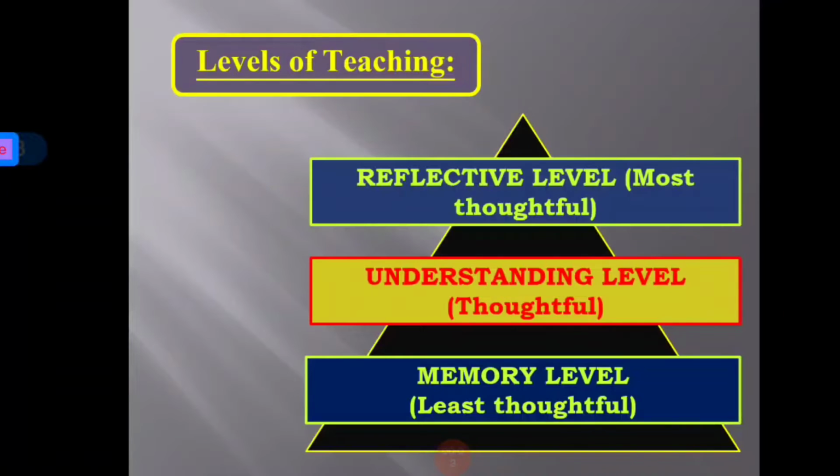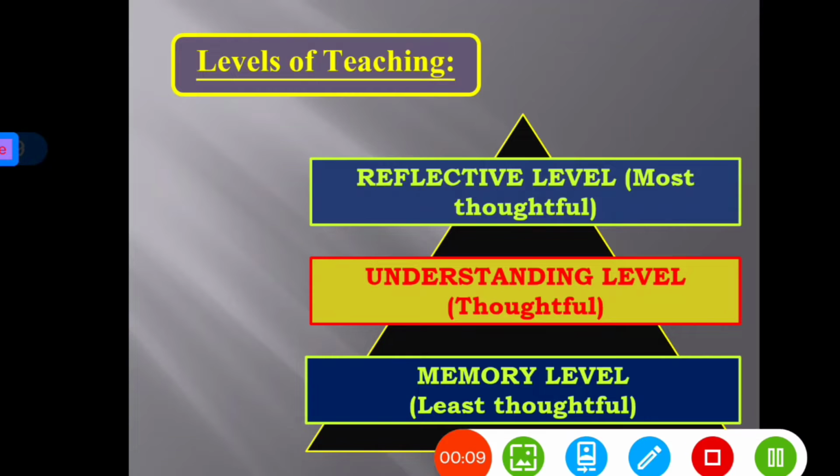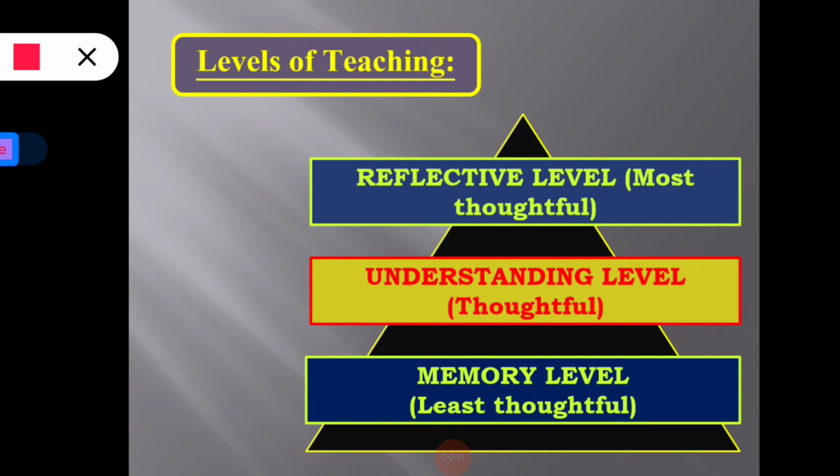So here this is another concept, that is levels of teaching. There are three levels of teaching. The first one is memory level of teaching, which is the least thoughtful level of teaching. The second one is understanding level of teaching, this is a thoughtful level. And the last one is the reflective level of teaching, which is one of the most thoughtful levels of teaching.